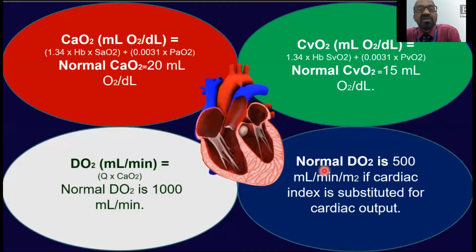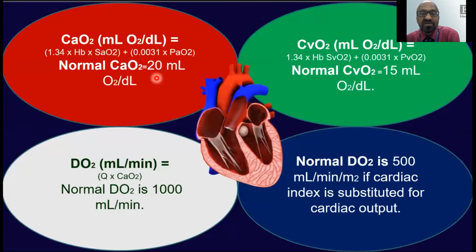Coming to the oxygen content, it is the amount of oxygen bound to hemoglobin plus the amount which is dissolved, and normally the arterial oxygen content is approximately 20 ml for every 100 cc of blood. Similarly, the oxygen content in the mixed venous blood is about 15 ml. So we get an arteriovenous difference of about 5 ml for every 100 cc of blood.